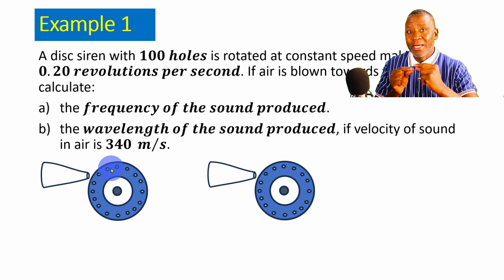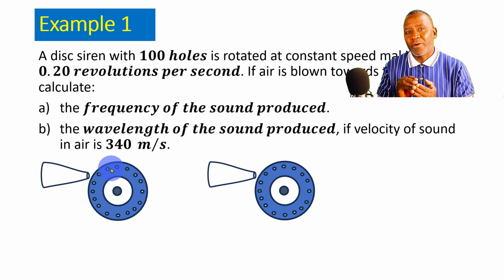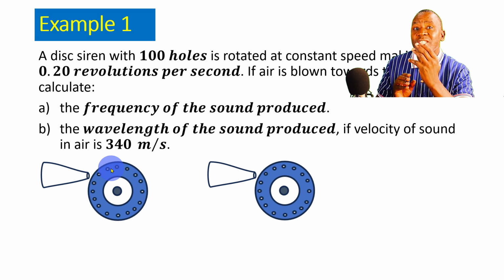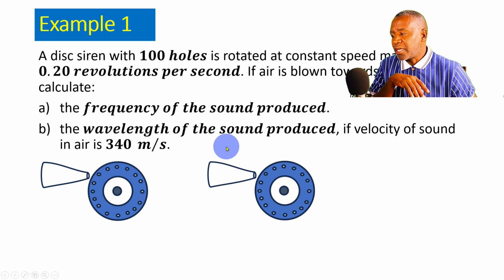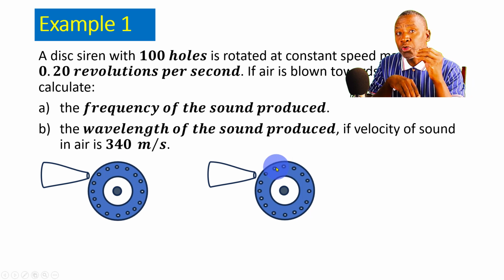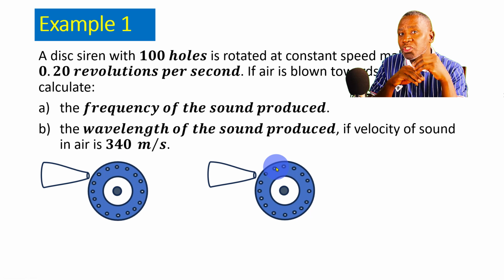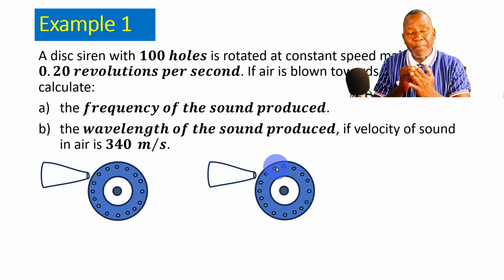So in 1 second, there are going to be 16 interruptions. All right, that means that the frequency of the sound that is going to be produced will be 16 Hz. If we increase the speed of rotation so that it is now 2 revolutions per second, then 16 times 2 holes are going to interrupt that jet of air.